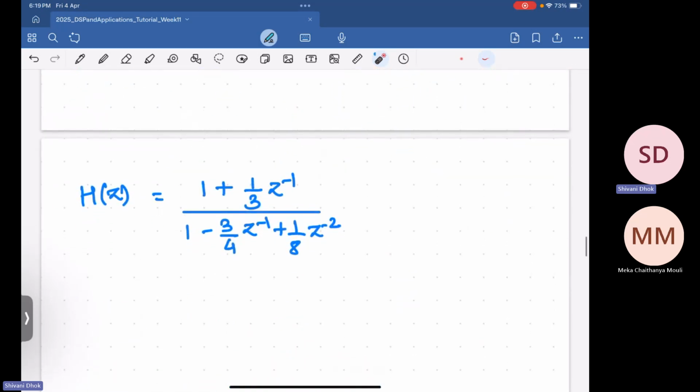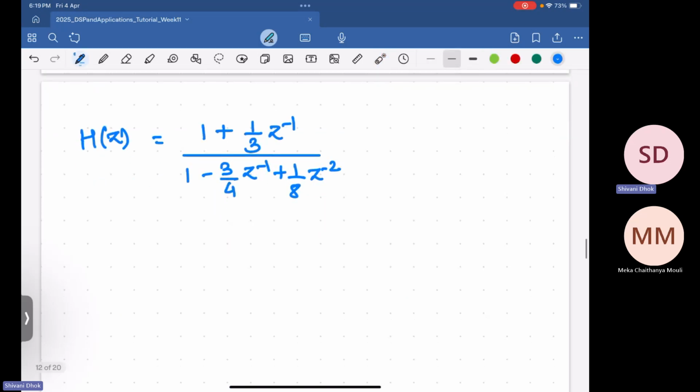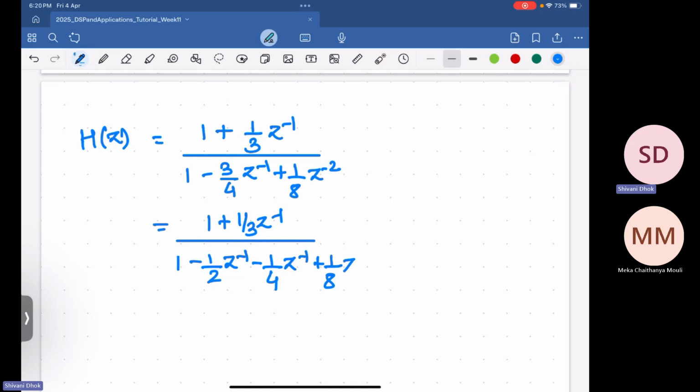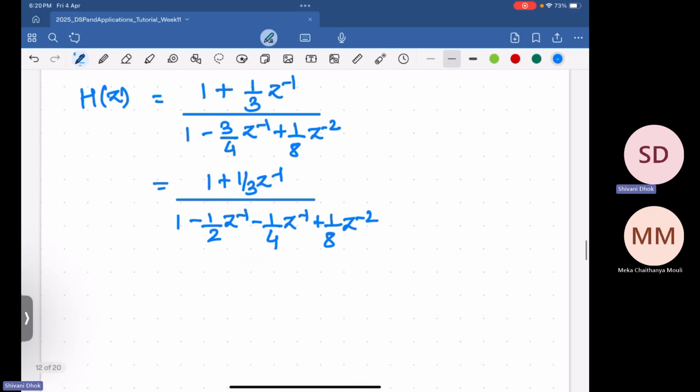To find the cascade form, we will factorize the denominator. We have 1 plus 1/3 z inverse in the numerator as it is, and in the denominator, minus 3/4 I can write as minus 1/2 z inverse minus 1/4 z inverse, plus 1/8 z to the power minus 2.